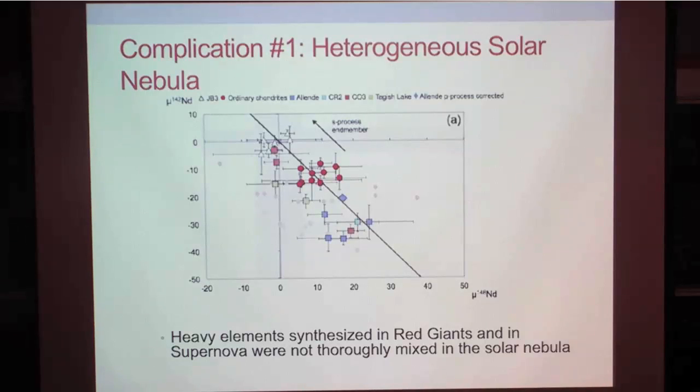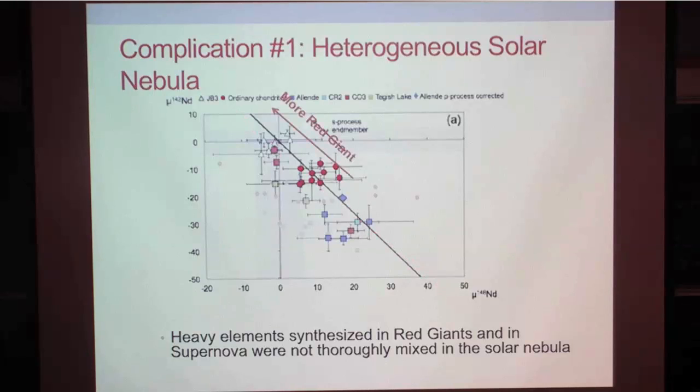These are two isotopes of neodymium. In particular, neodymium-142 was produced in part by the decay of the short-lived nuclide samarium-146. So there's another samarium-neodymium pair, but samarium-146 has a half-life of only 100 million years, so it's really gone very quickly. The point here is that the deviation, now this is mu, so this is deviation in parts per million from a terrestrial standard, of these two isotopes is correlated.